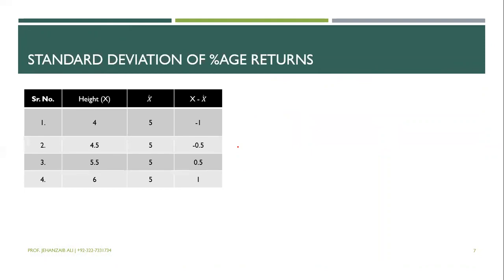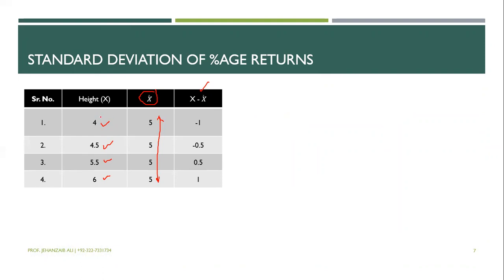For the calculation of variations, we need to add this column, that is x minus x bar. X bar is basically the average. The height of the first individual is 4 feet, the second individual is 4.5, third is 5.5, and then 6. The average of these individual heights is 5 feet. That has already been calculated.